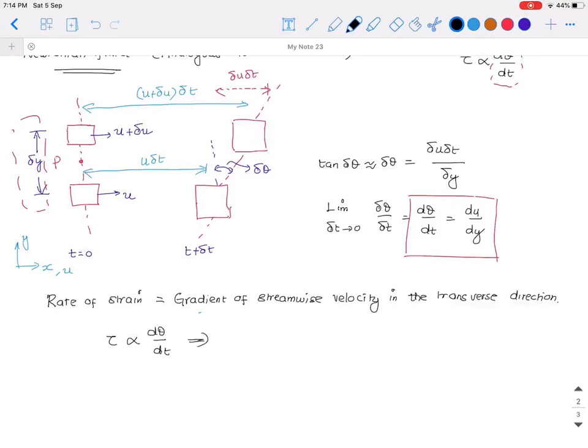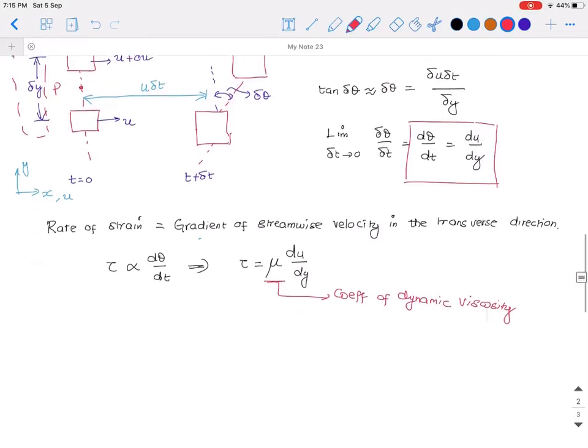Using the above expression, tau is proportional to du by dy, and the constant of proportionality we write as mu. This mu is the coefficient of dynamic viscosity. We will discuss the coefficient of viscosity in the next chapter.